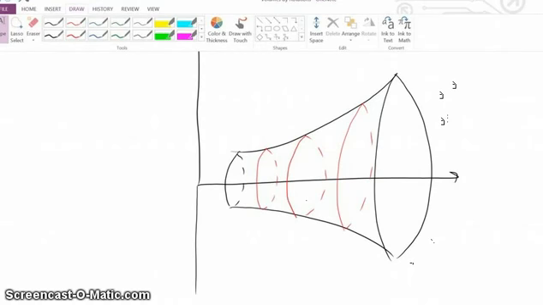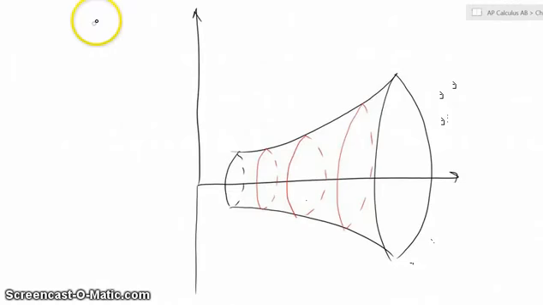And so we might say that the radius of each of these circles is some function with respect to the x-axis, and so the area of the circle would be given by pi r squared, so we'd have pi, and then we would square this function that's giving us the radius with respect to the x-axis.